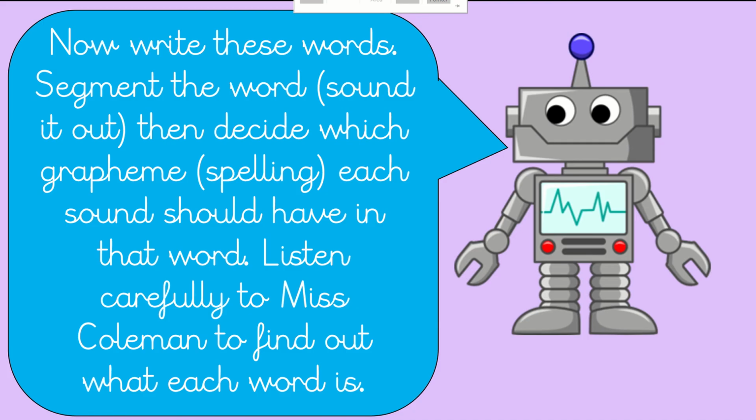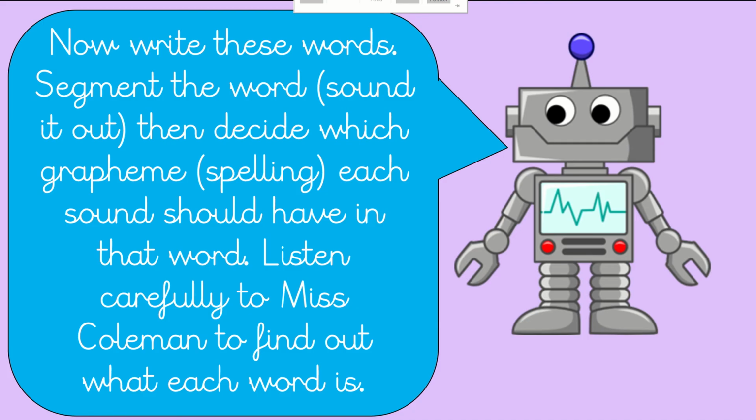Okay, and finally, I want you to have a go at the word comb. Super.